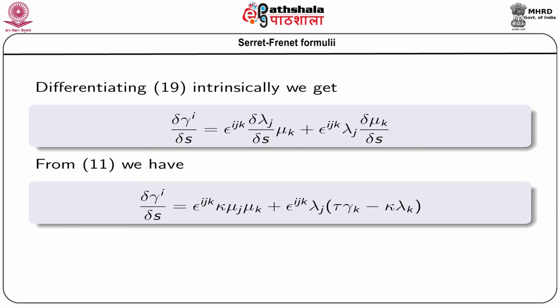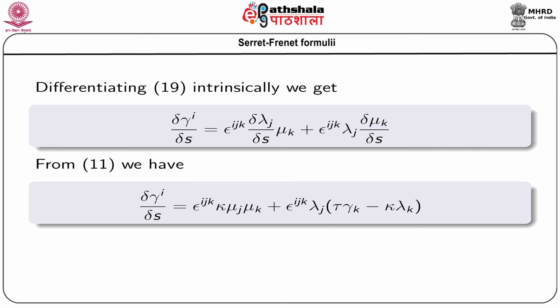Now, from equation number 11, we have this expression, where the Serret-Frenet formula's first two equations have been applied. That means ∂λ_j/∂S is written as κμ_j and ∂μ_k/∂S is written as τγ_k minus κλ_k.